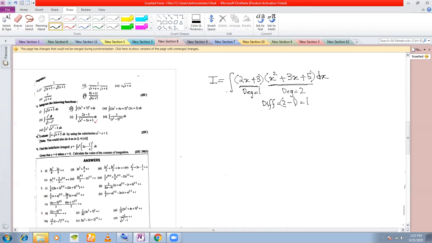So when you have a product of two algebraic expressions such that their degrees differ by 1 only, then again you will apply a similar technique. What technique? The next thing that should come to your mind is, let me differentiate this and see whether I am getting this or not.